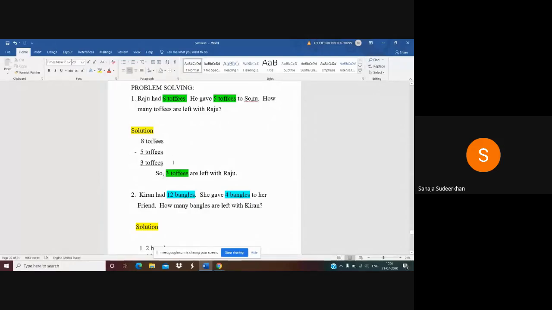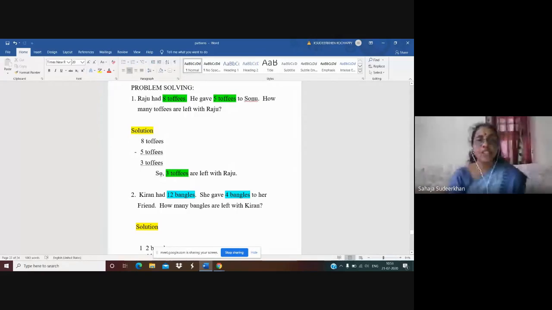3 toffees are left. So we have to write a sentence last. In addition also we have written, isn't it? So here it is written how many toffees. In place of how many, we will write the answer.